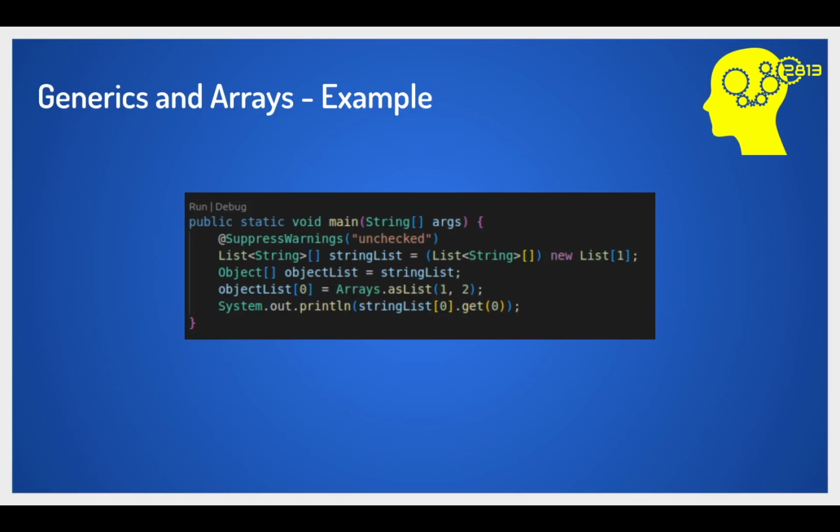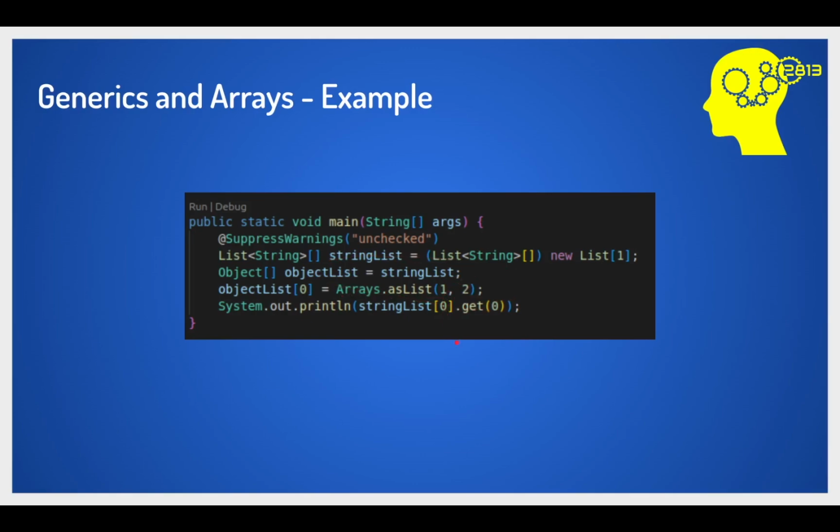For example, we create an array of lists of strings, which has one item in it. We then turn it into an array of objects. This is actually completely okay with Java. Then we set this object list, the only element in it, to an integer list. And then we print out the only element in the list, which is this integer list, and we get the first item in it.